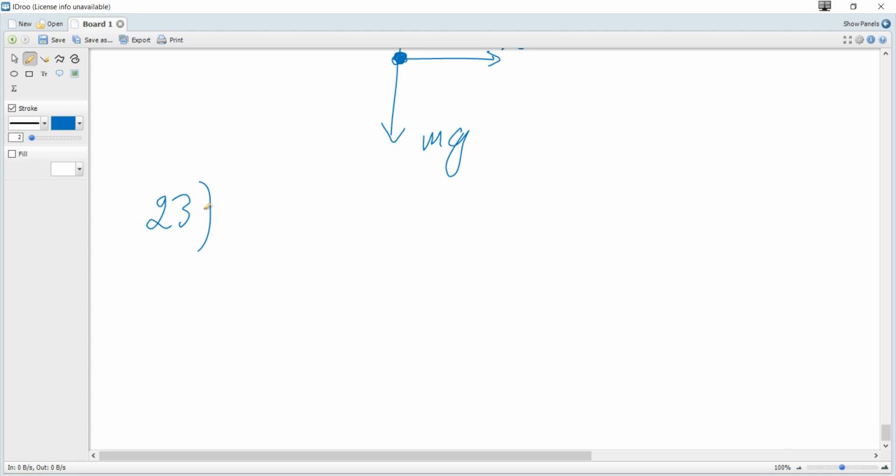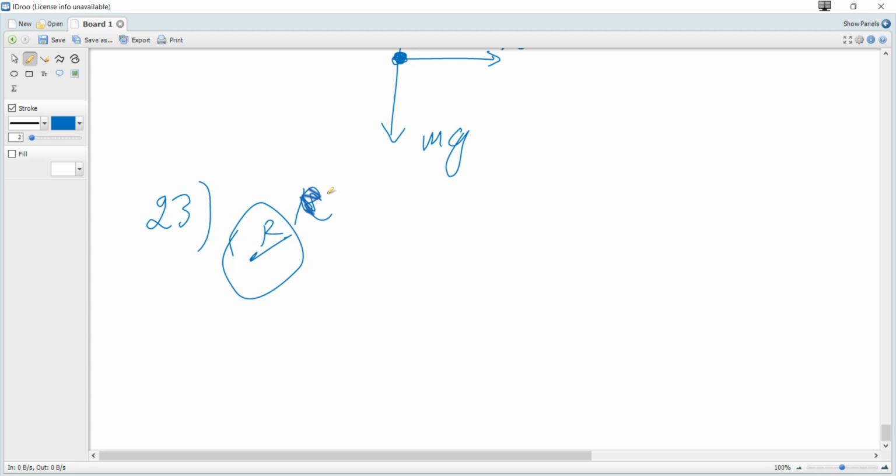23. The radius of the Earth is R. A satellite is launched to a height H, which is R over 4 above the Earth's surface.